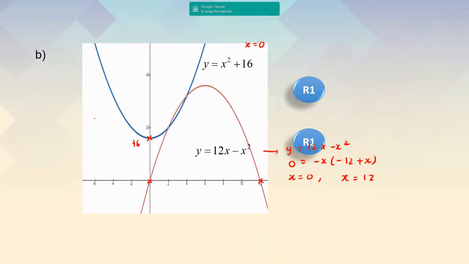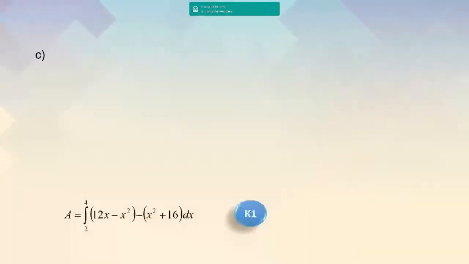Okay, so the next question, you need to calculate the area enclosed by the two curves. So from this graph, this is our shaded region, bounded. Okay, and then you know that if you want to find area, this is your upper and this is your lower. So upper minus lower. So your upper function is 12x minus x squared and your lower function is x squared plus 16.